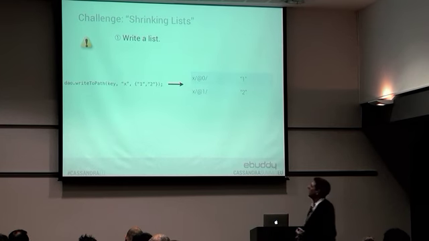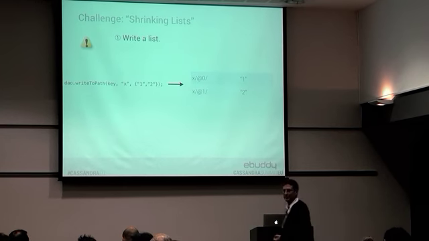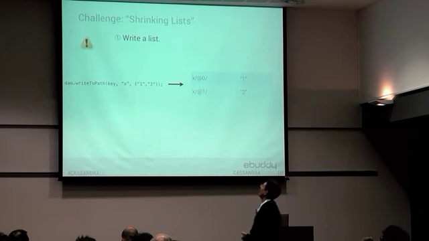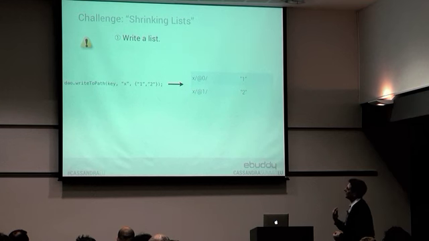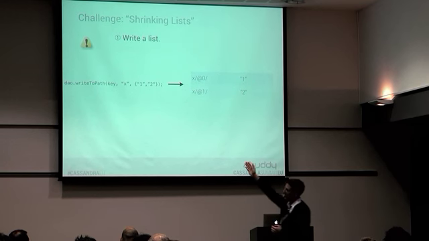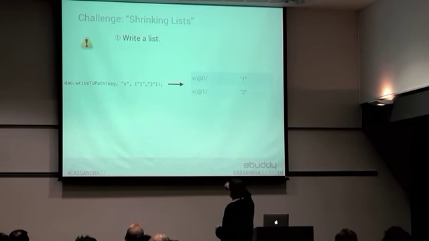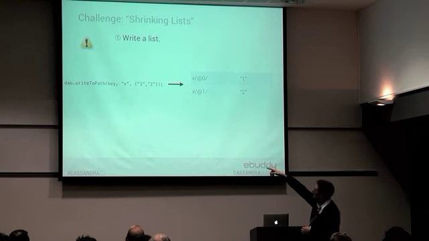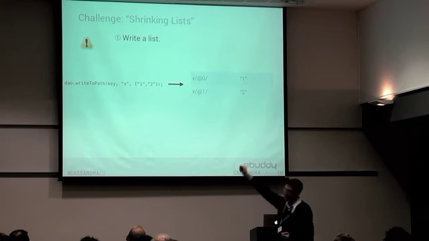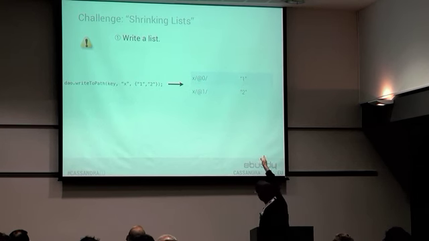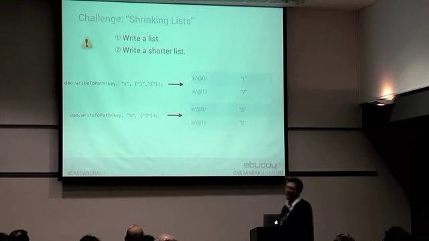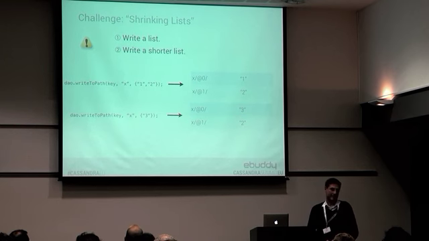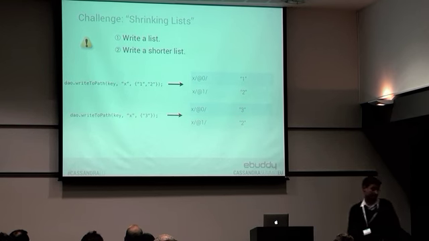A challenge is shrinking lists. You write a list to the database, for example, 1, 2. It ends up in the database, if you start with the path X, as X@0 is 1, X@1 is 2. Now you write a shorter list at the same path.